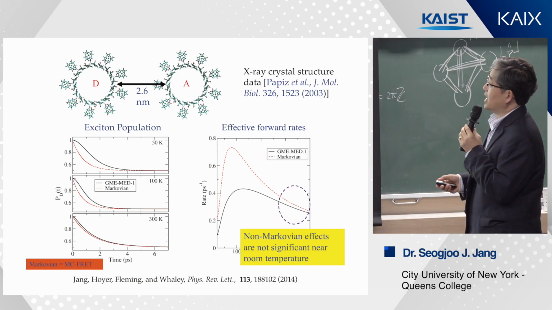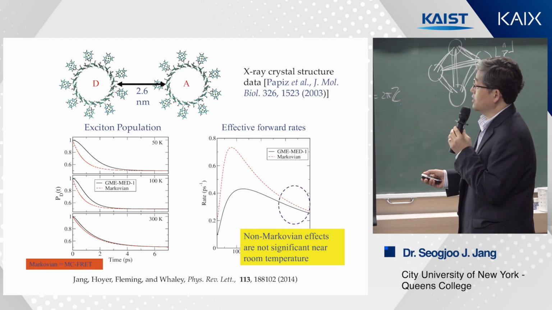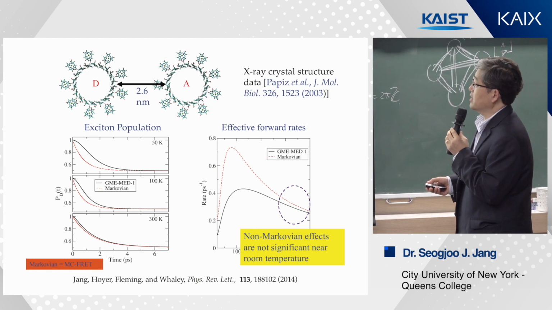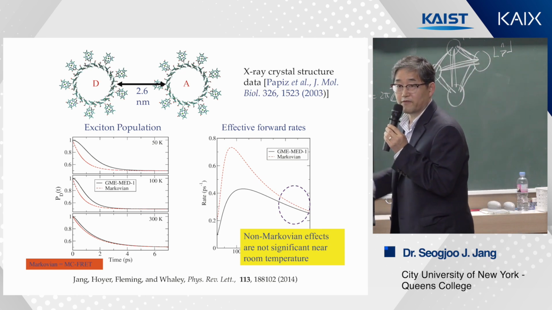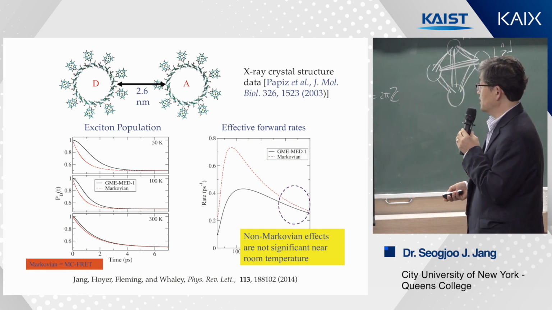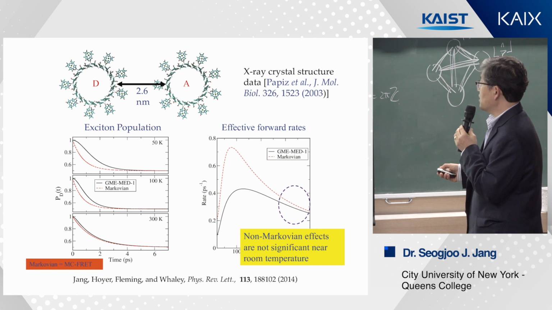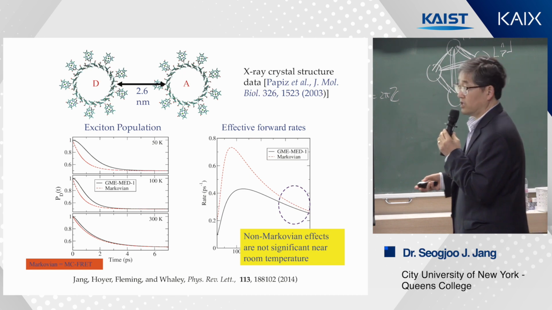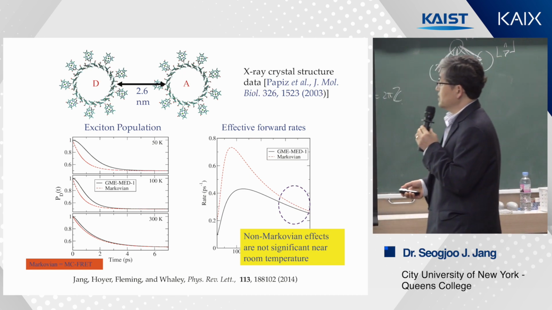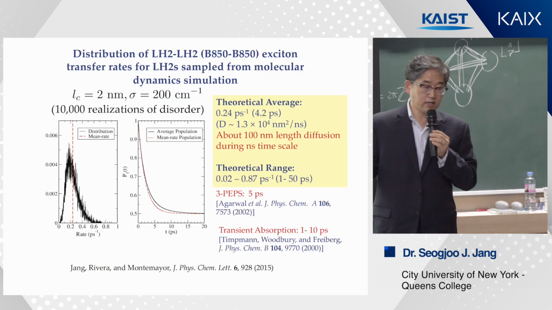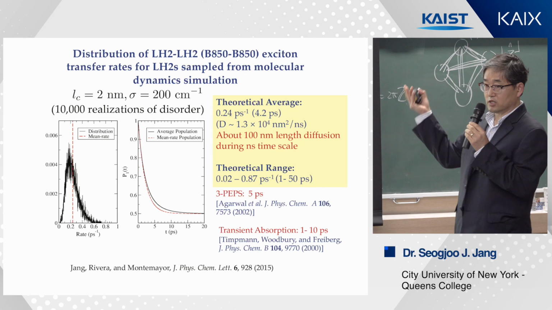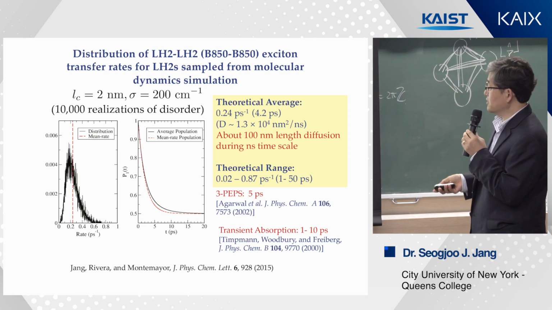Indeed, when we apply the theory, we find that in the low temperature region there is a significant difference, a significant non-Markovian effect, but as temperature goes up, such non-Markovian effects disappear. Around room temperature, the non-Markovian effects, in other words the lack of time scale separation between intra- and inter-LH2 complexes, don't really matter so much.